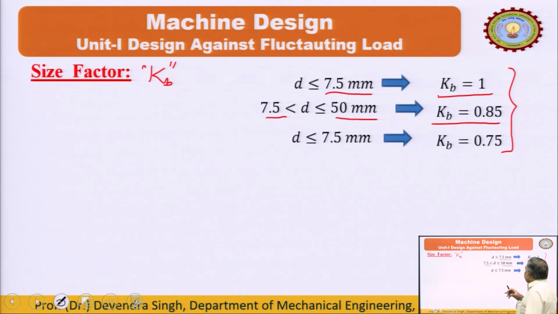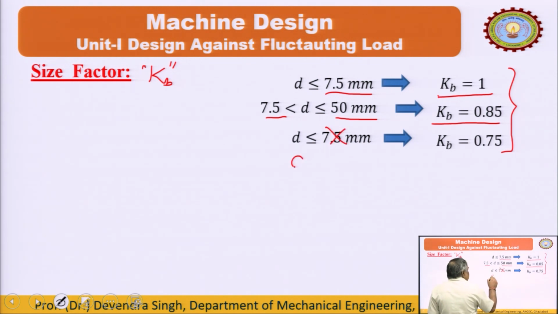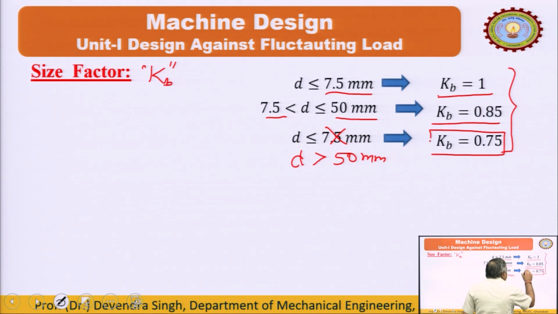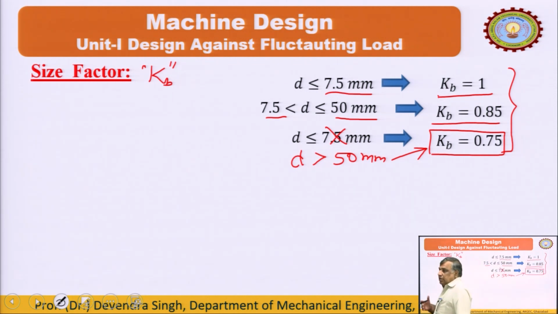If it is more than 50 millimeter, then the size factor will be 0.75. That is for cylindrical components, but every time we may not have a cylindrical object; it may have a non-circular cross section.